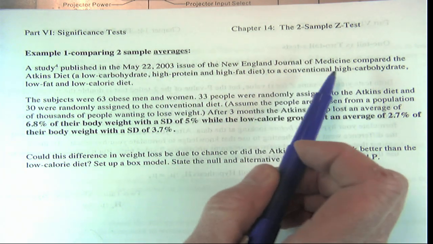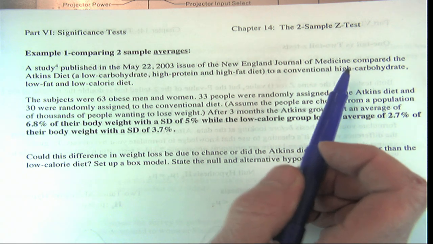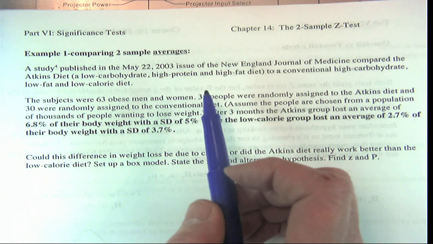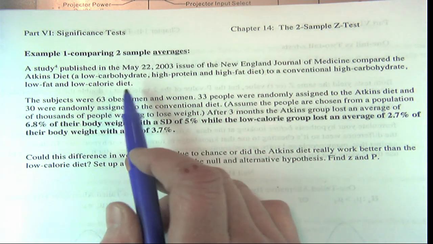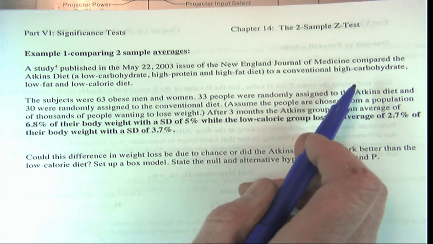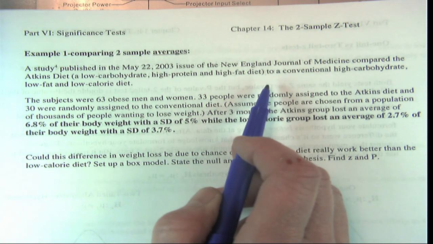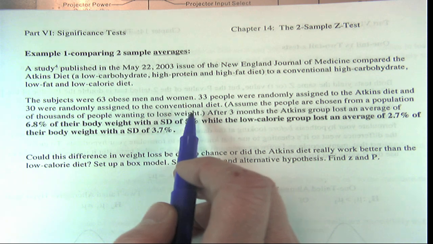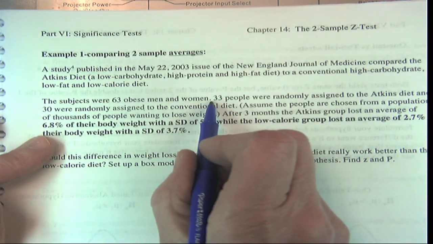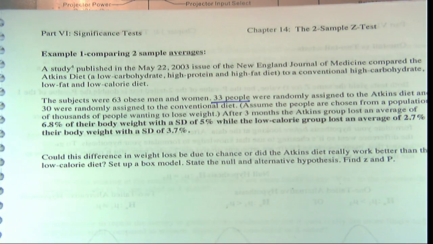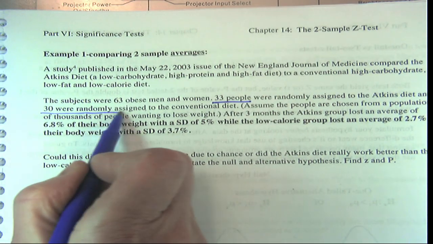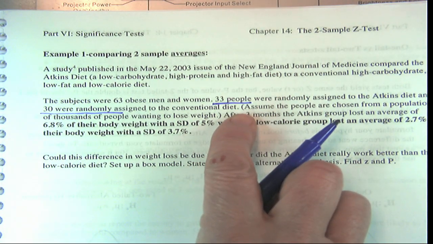The New England Journal of Medicine did a really nice randomized trial comparing the Atkins diet to the conventional low-calorie diet. The subjects were 63 obese men and women who wanted to lose weight, and 33 people were randomly assigned to the Atkins diet, and 30 were randomly assigned to the conventional low-cal diet.